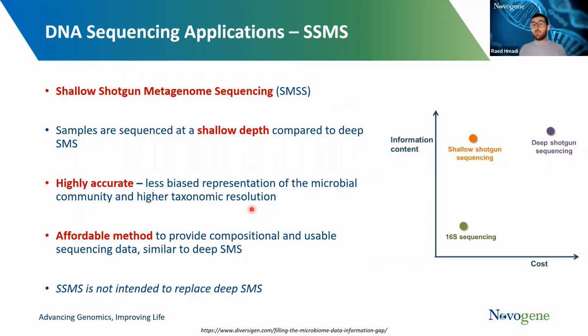In addition, it would make the whole expensive cheaper because it is an affordable method to provide compositional and usable sequencing data similar to deep shotgun metagenome sequencing. So in other words, we are actually able to get the same amount of information, but with lower costs and without any compromise on the quality of sequencing.